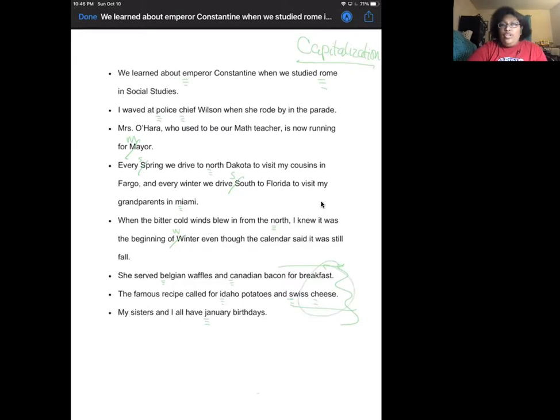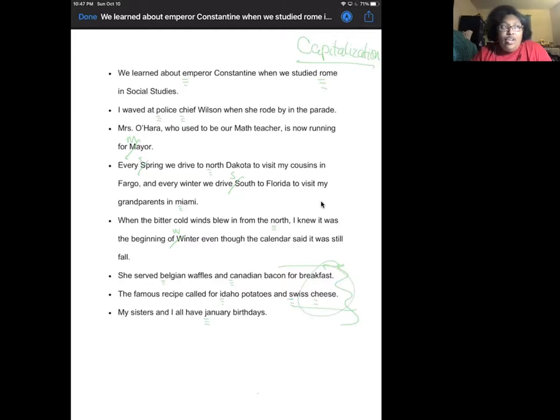And of course, when you are going through and editing a piece, you have to ask yourself, am I capitalizing this because it is an adjective or a proper noun? And I think a really good way of doing that is actually just looking it up.